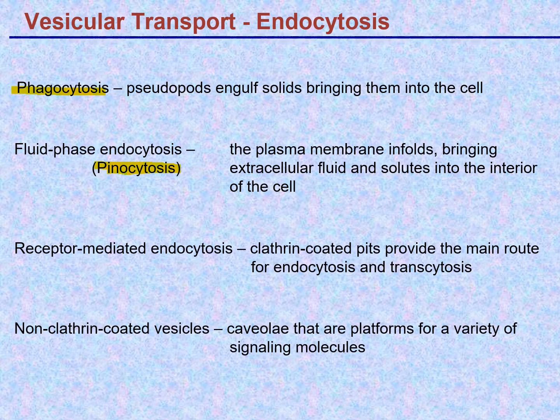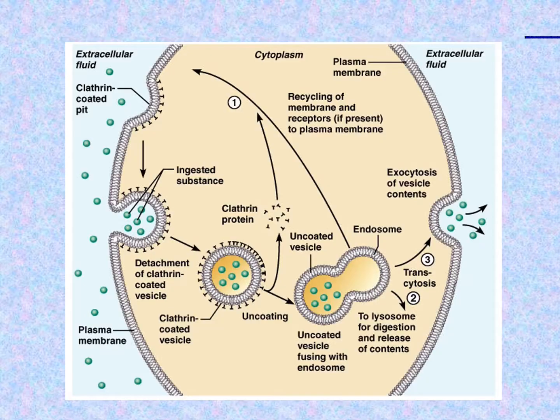So it also is called fluid phase endocytosis. So pinocytosis means that the plasma membrane folds around an area of extracellular fluid and draws it in, forming a vesicle on the inside. Phagocytosis, the membrane stretches out around a solid object outside of the cell and then brings it into the cell inside of a membrane-bound vesicle.